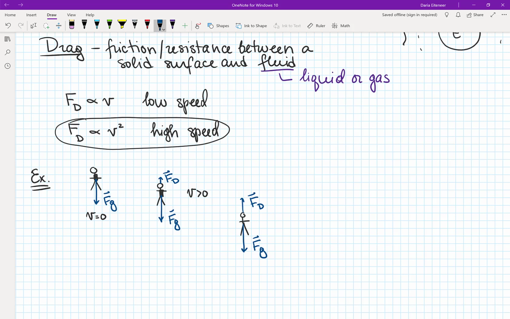And then, somewhere down here, this person is going to finally open the parachute. So now there is going to be a higher force of drag. It's actually not just because of speed, but also because of the really high surface area of the parachute. I'll talk about that in just a second. And then the person is still moving, but eventually these two forces are going to be equal to each other. Not right away, but eventually.